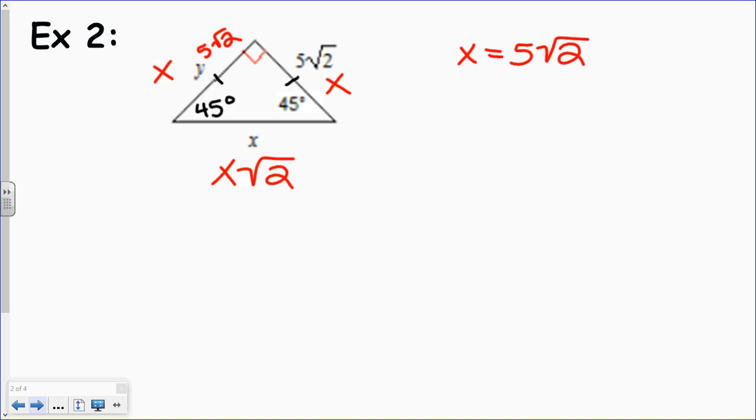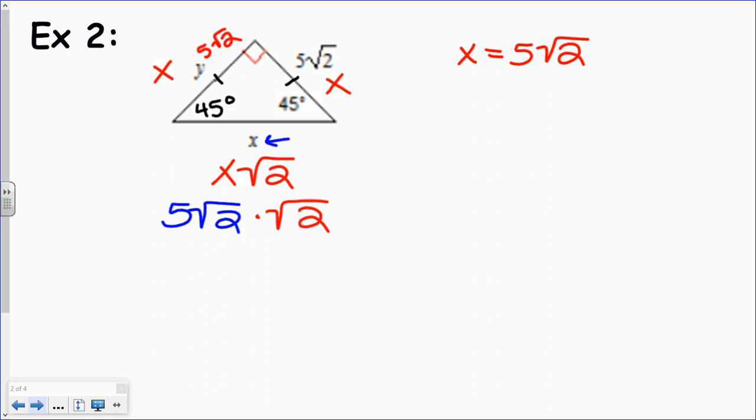And now we need to go through and find this, which we know we take our x value and we multiply it by the square root of 2. So in this case, we plug it in. We know our x is really 5 root 2 already. So I'm just substituting in x for what we already know it is, times root 2.